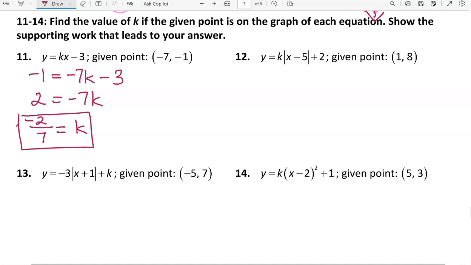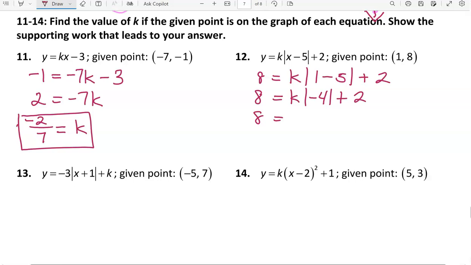For number 12, the given point is 1, 8, so 8 replaces the y value, and 1 replaces the x value. So now I need to do some arithmetic and some algebra. 1 minus 5 is -4. But the absolute value of -4 is 4, so that term turns into 4k plus 2.